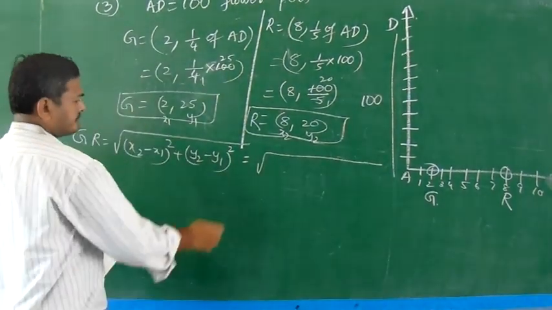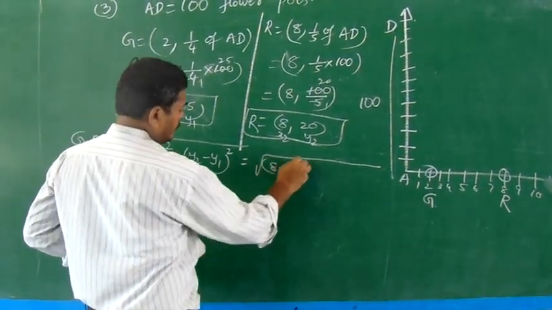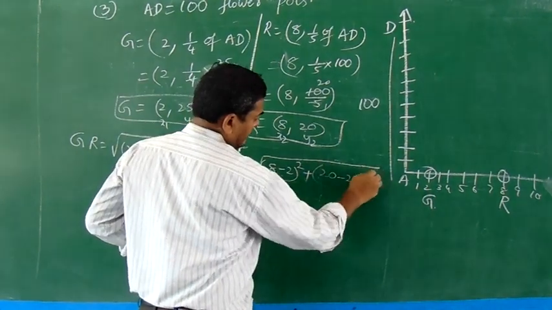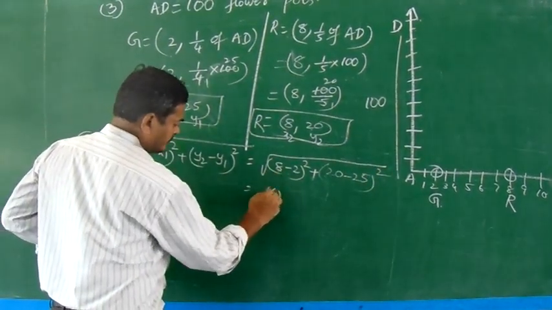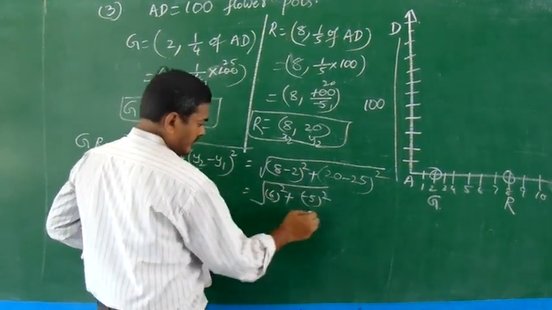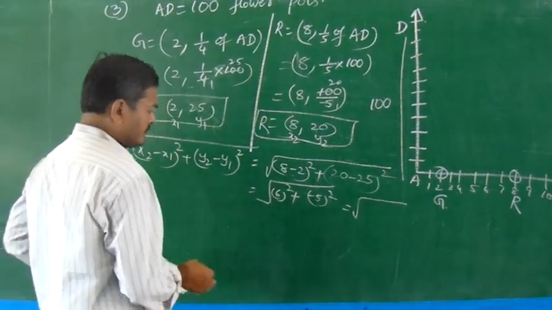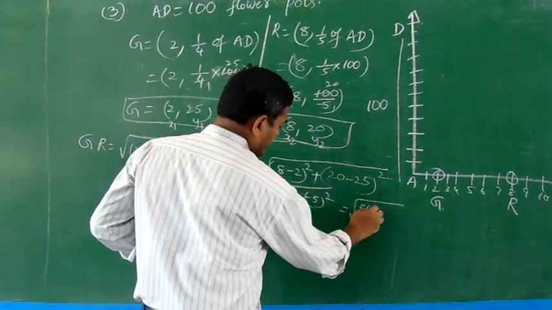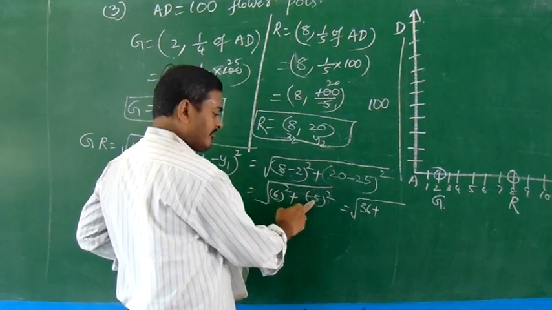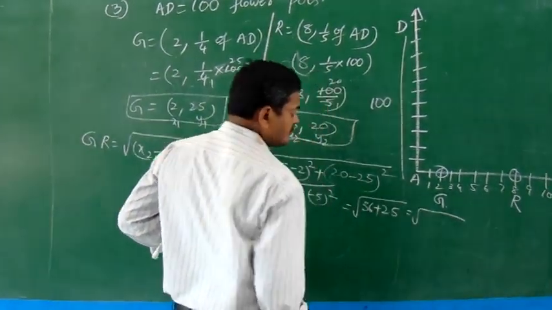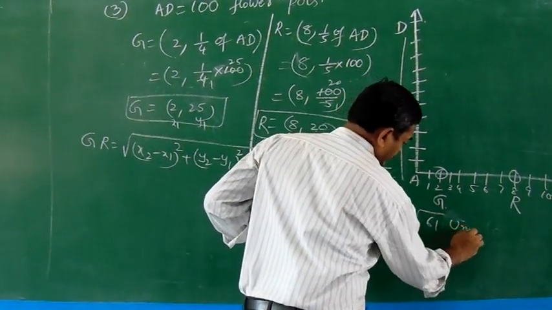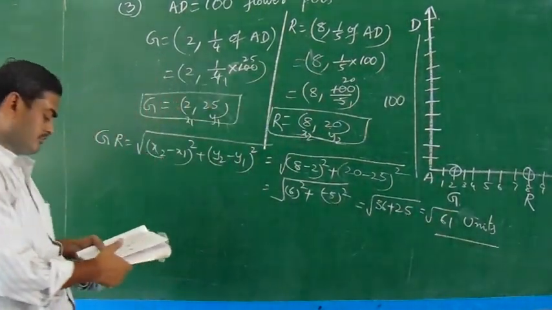Square root of (8 minus 2) whole square plus (20 minus 25) whole square, that equals 6 square plus minus 5 whole square, which is 36 plus 25, that equals square root of 61 units. This is the distance between the two flags.